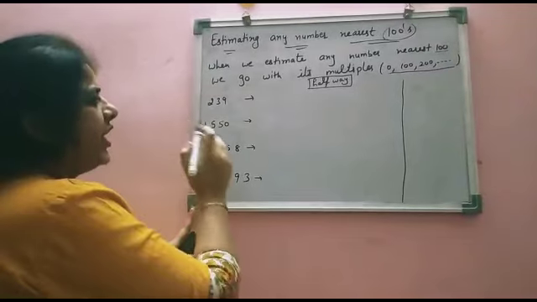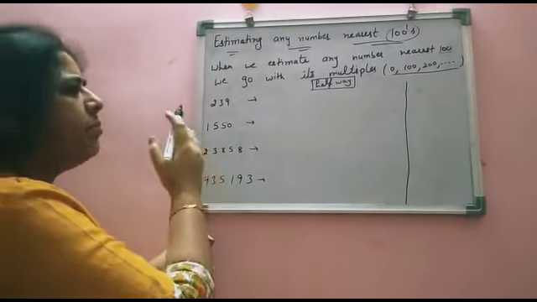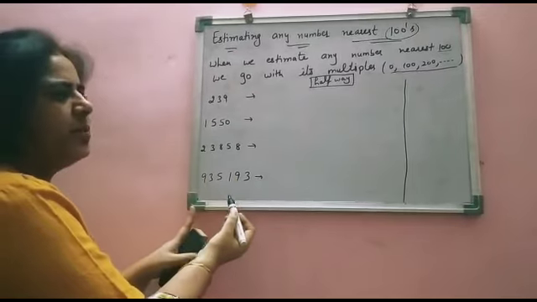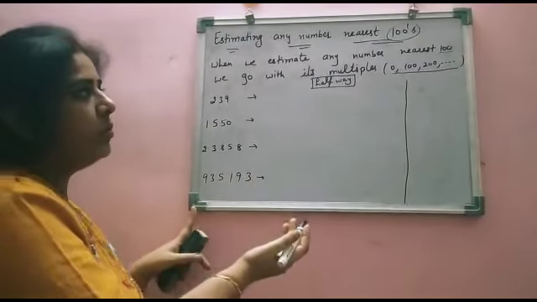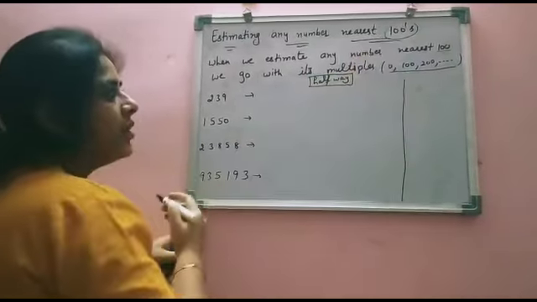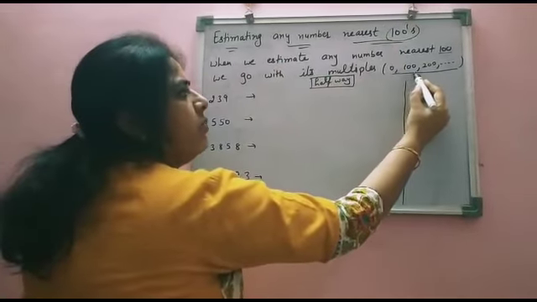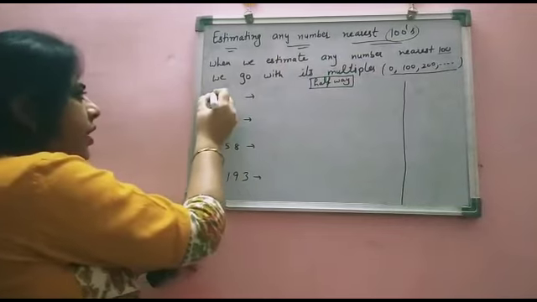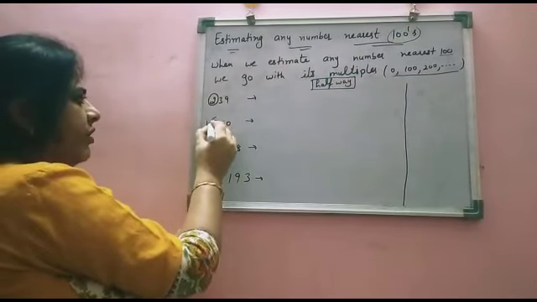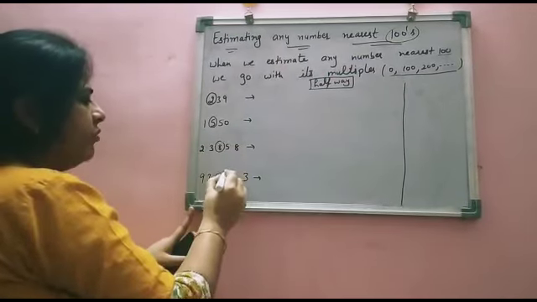Now students, we are estimating any 3-digit number, 4-digit number, 5-digit number, 6-digit number or more to the nearest 100. And when we are estimating to the nearest 100, we go with the multiples of 100. Here the hundreds place digit is 2, here 5, here 8, here 1.